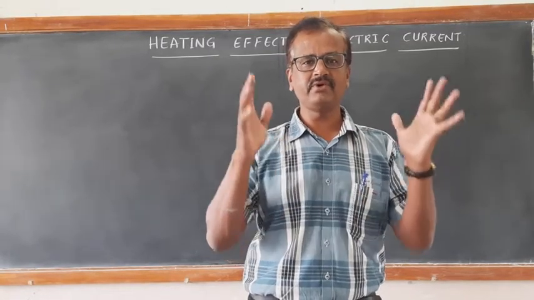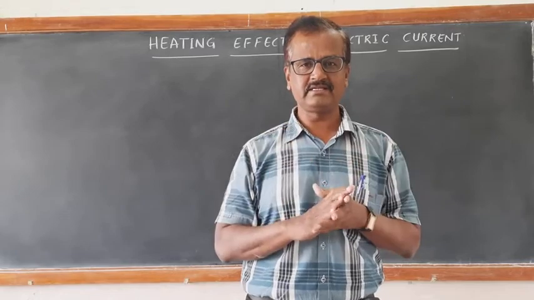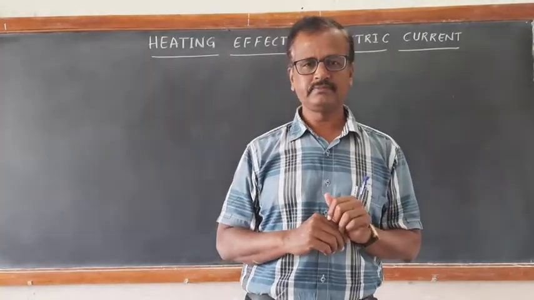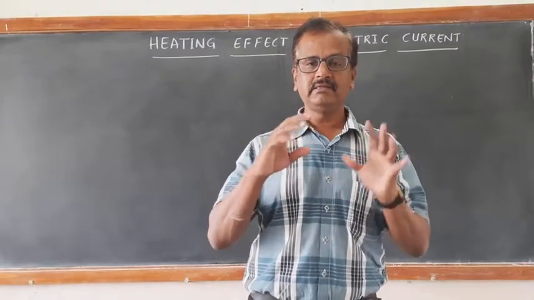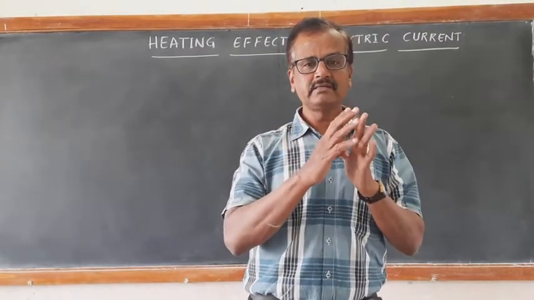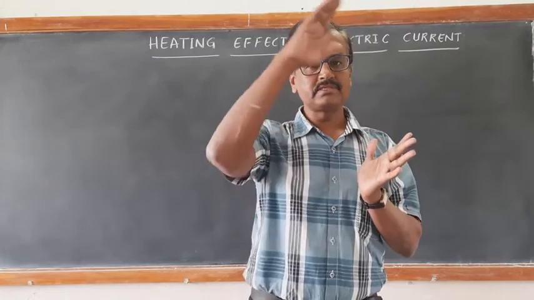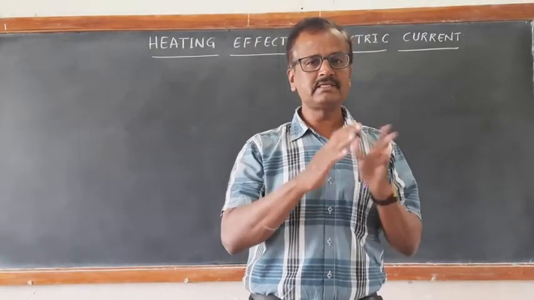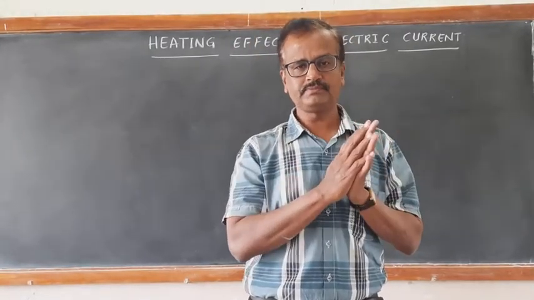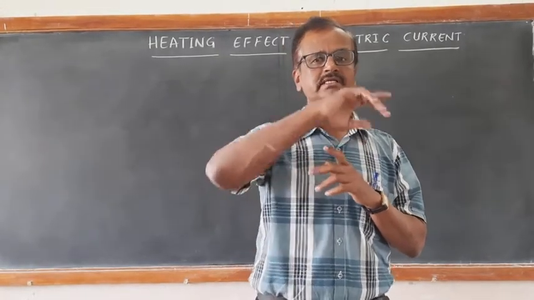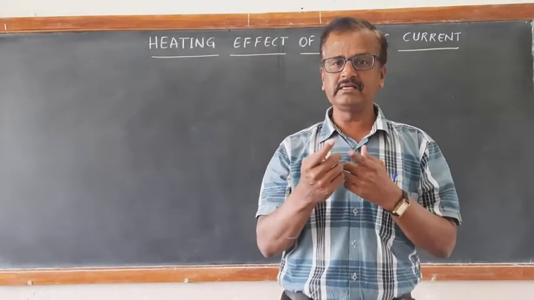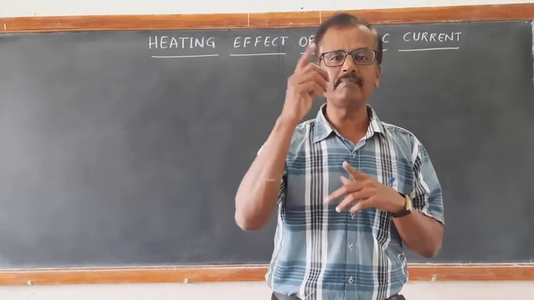For example, if you are considering a fan circuit, when you switch on the fan, the current flows through the fan circuit, and this current is driven by the supply, the source. The source not only does work in supplying the current, this in turn does work in rotating the blades of the fan.